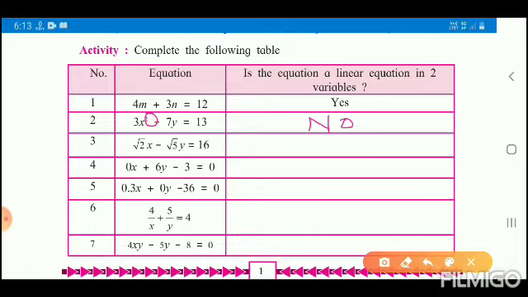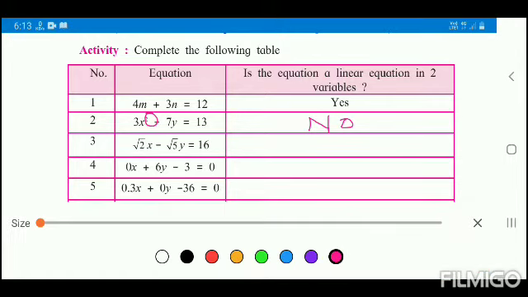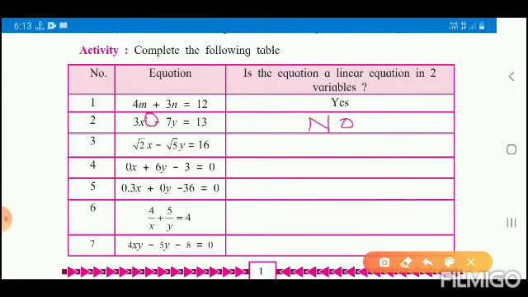Now third one we will see. Here third is root 2x minus root 5y is equal to 16. If you will see here, then the degree of the variable x and y both is 1. So it is a linear equation in two variables.